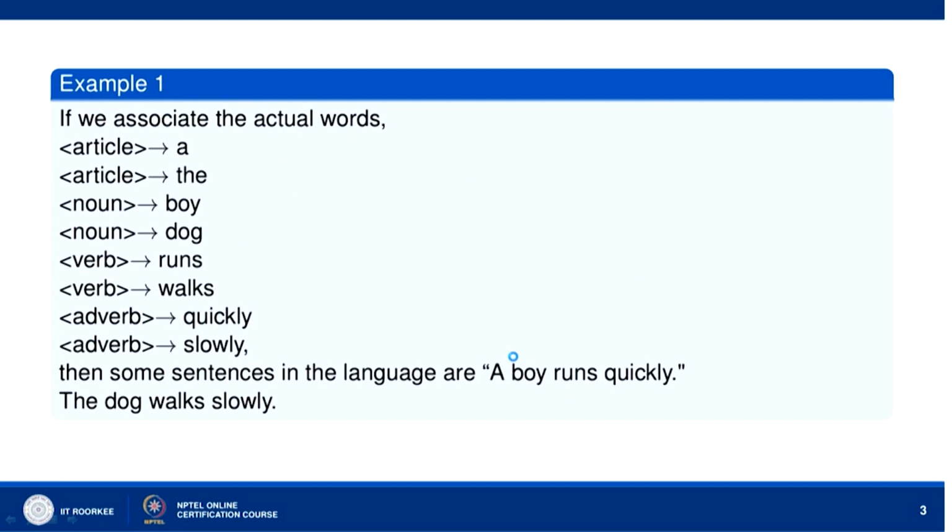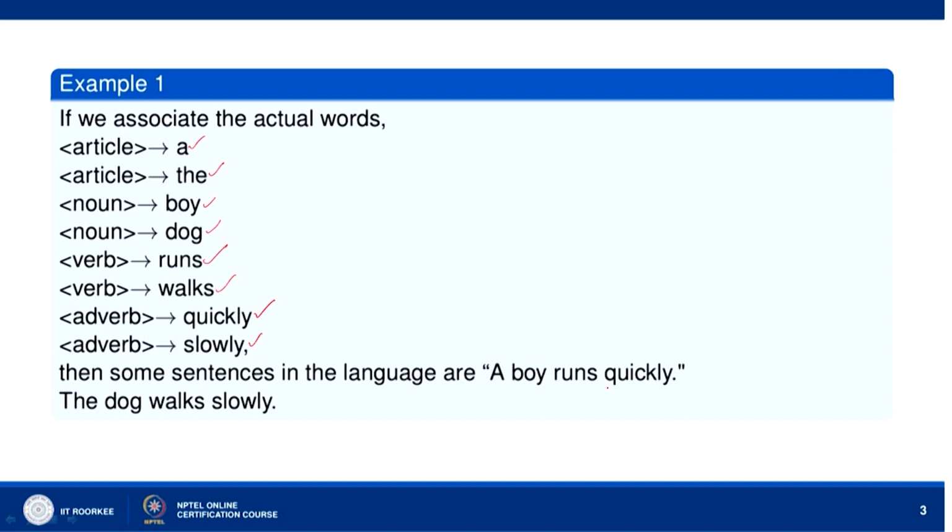If we associate actual words, with the article we associate A, with the noun we can associate boy, and then with this noun we associate dog, with verb we associate runs or walks, and with adverb we associate quickly or slowly. Then some sentences in the language could be: a boy runs quickly, or the dog walks slowly.